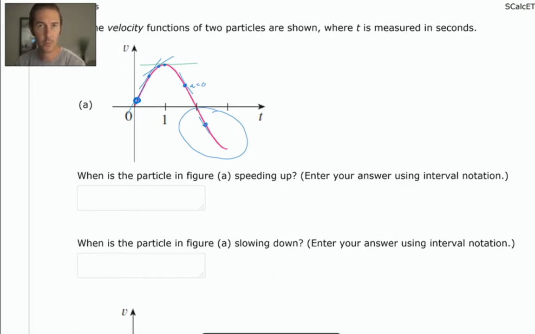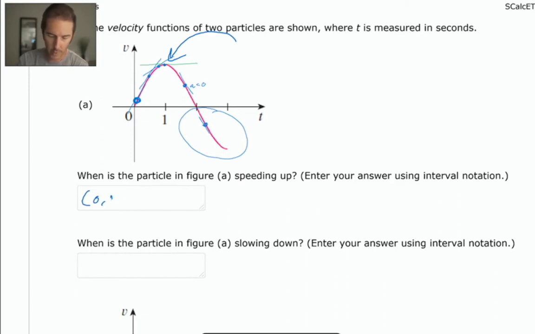I would tend to use parentheses, especially up here. I don't want to include the point where we're making the U-turn because there, acceleration is equal to 0. Even though velocity is positive, acceleration is not positive, it's 0. So I would exclude that point, and part of my answer would probably go from 0 to 1.